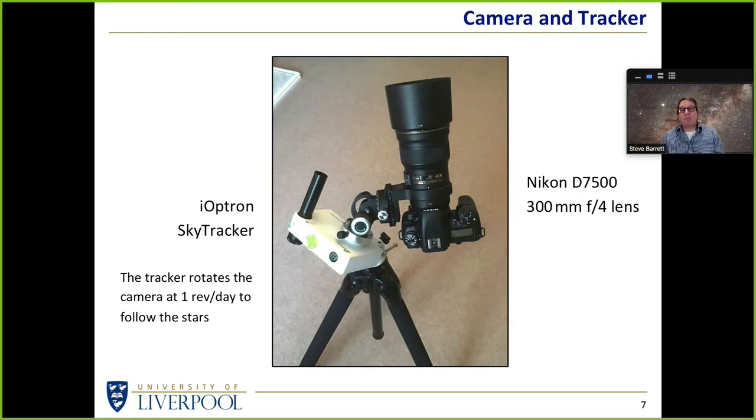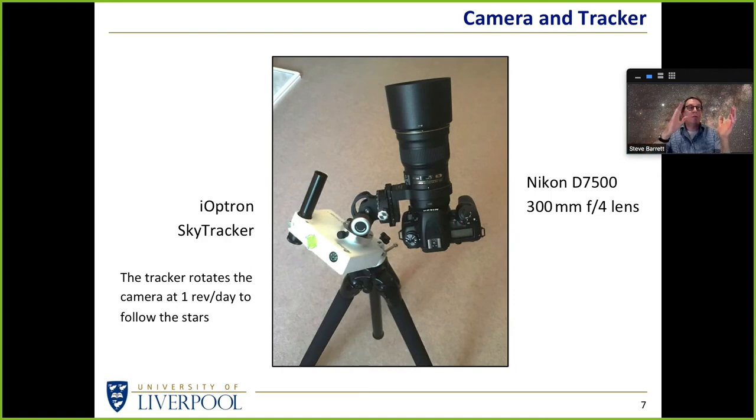And you can see I've mounted that on top of this white box, which is a star tracker, or this particular one is an Ioptron sky tracker. Other trackers are available. They are simply motorised boxes which turn at 1 revolution per day. So providing you line them up with the Earth's axis, they will effectively derotate the Earth.